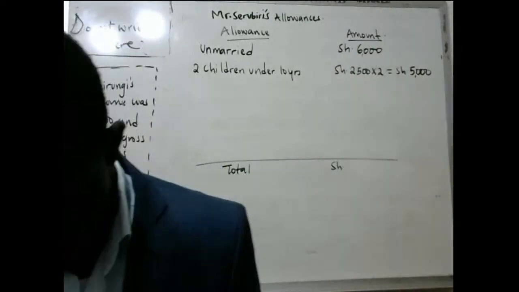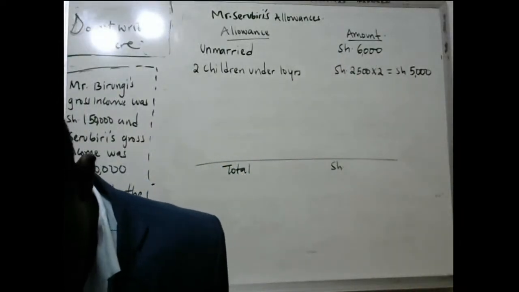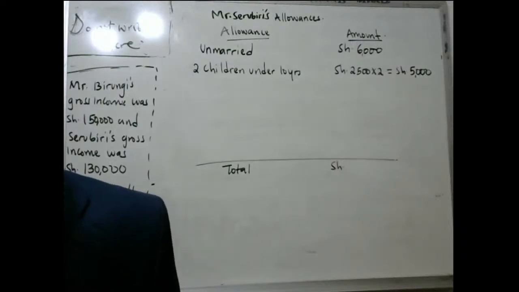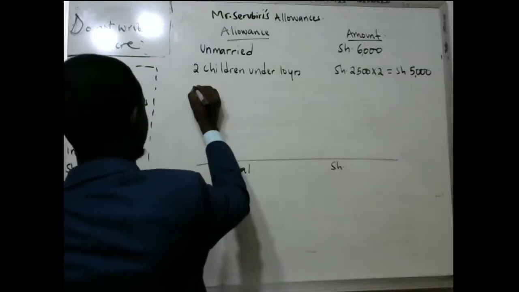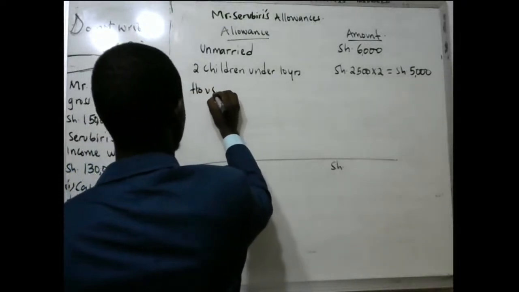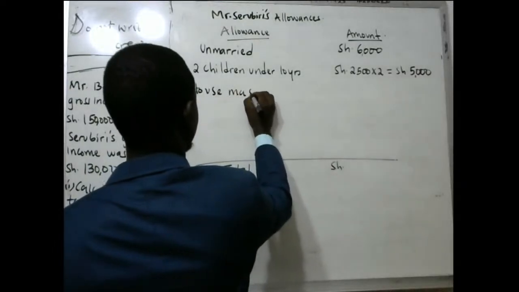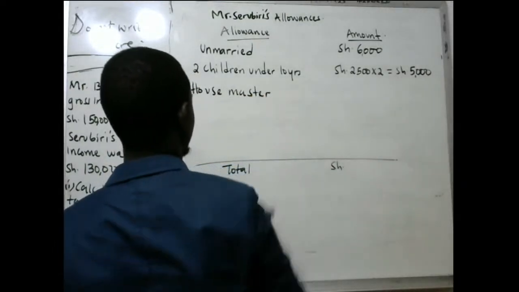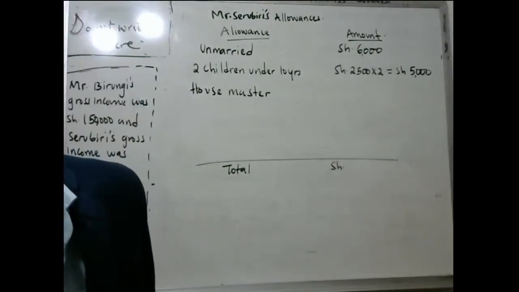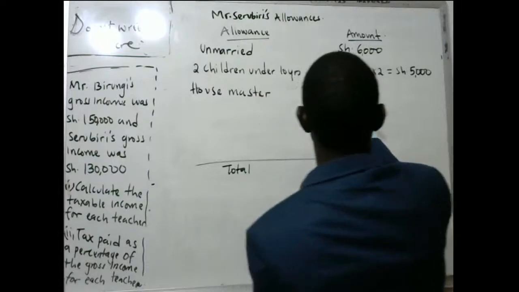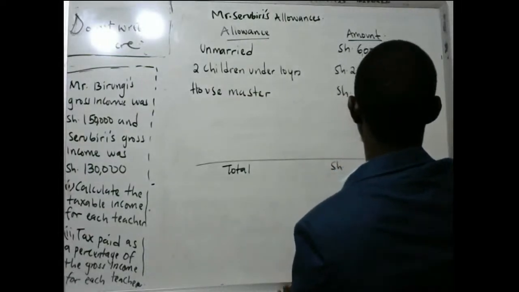We continue. Is single but has 2 children under the age of 10 years, and also a housemaster. The allowance is given to housemasters. How much do they pay for being a housemaster? Housemaster stroke mistresses, they give you shillings 5,000. So he's going to get this 5,000.